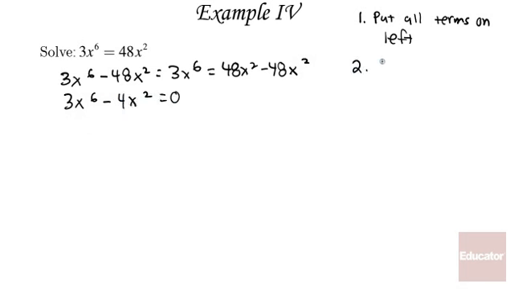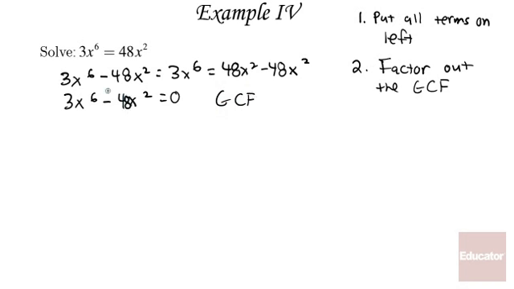Second, I'm always going to look for a greatest common factor. And if I have one, I'm going to factor out the greatest common factor. So looking at this, I do have a greatest common factor. This is 48.